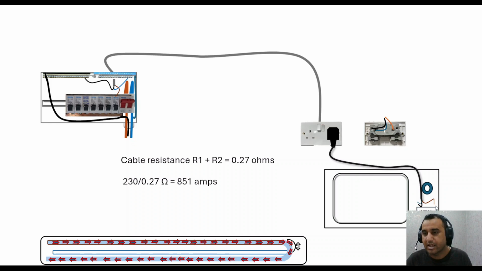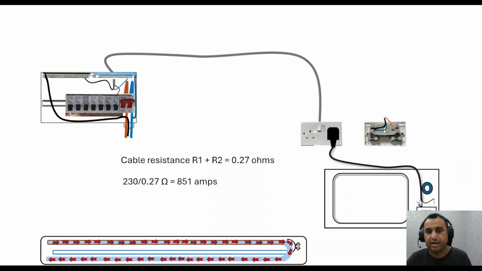So this came out of the terminal in contact with the metal body, and it is getting continuity from this metal body to this circuit protective conductor. So it's going back to the system again.